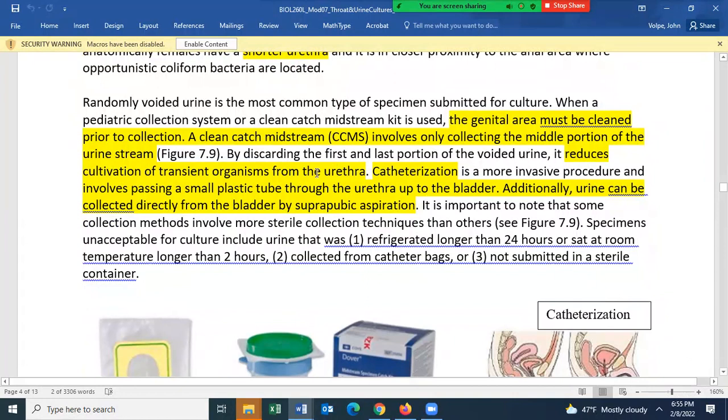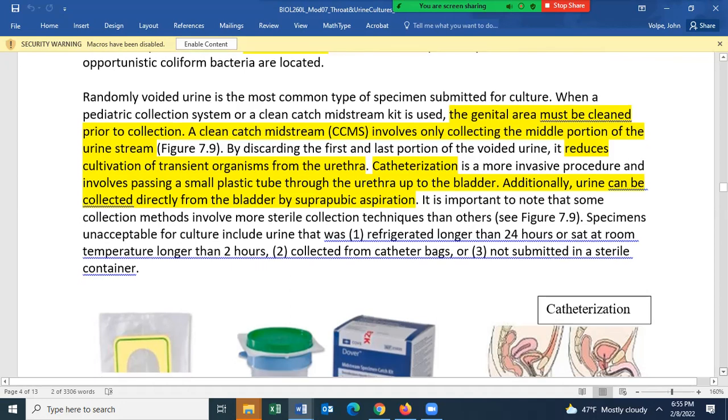This reduces the cultivation of transient organisms that are collected from the urethra. The urethra has a normal microbiota, and you'll get that in your collection, but we can reduce it if we take the urine midstream.